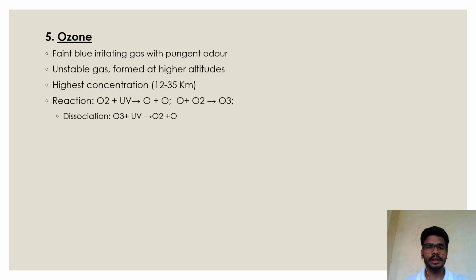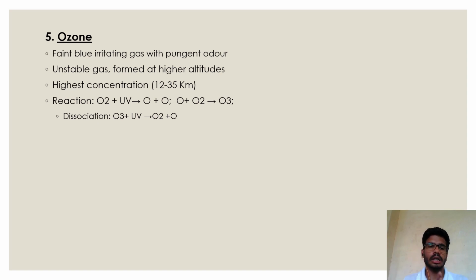It is formed by the process where O2 oxygen reacts with incoming ultraviolet radiation. O2 splits into two oxygen atoms, O and O, and when an oxygen atom combines with an oxygen molecule O2, it leads to the formation of the triatomic molecule O3. This is how ozone is produced.